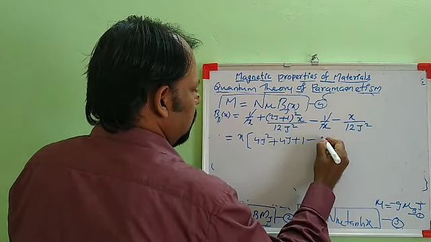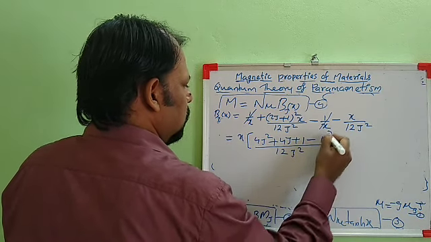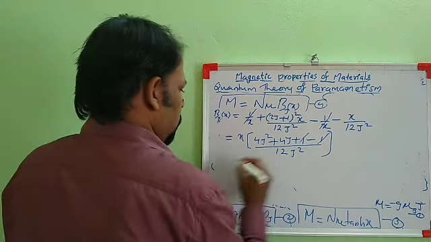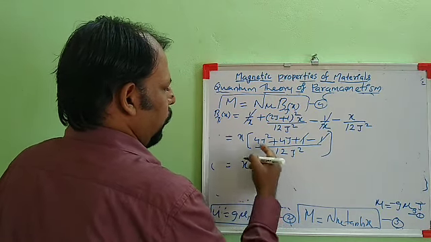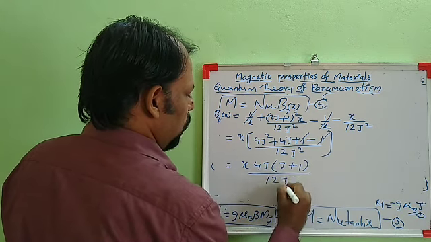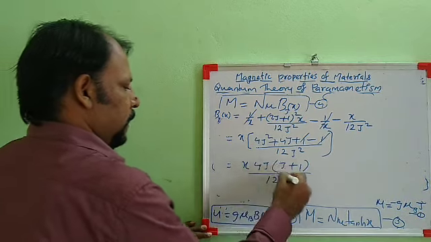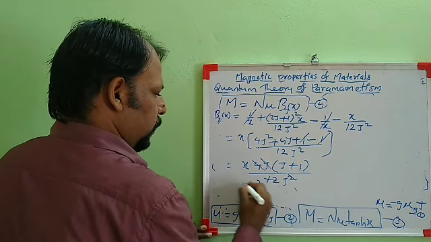Then here it is minus 1 by 12j square. This can be written as x into 4j, we can take common, then 4j into (j+1) by 12j square. This j square on j will get cancelled, then 4, 12, then it will be 3.